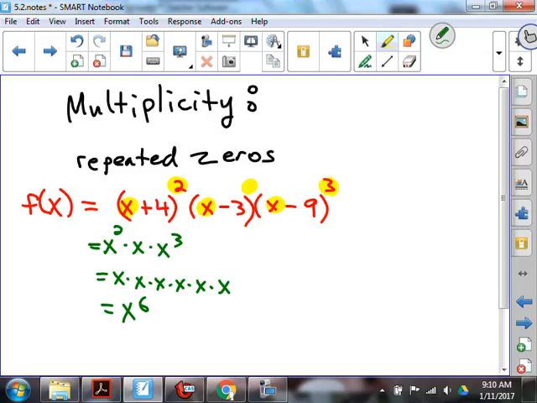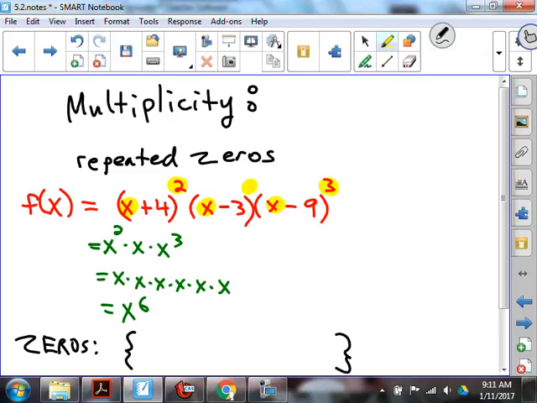Wouldn't it be x to the sixth? So there's supposed to be 6 zeros.